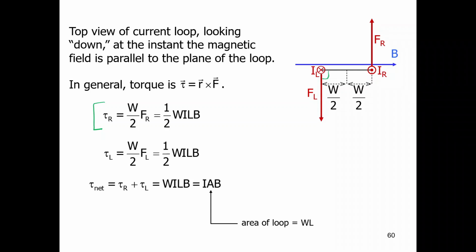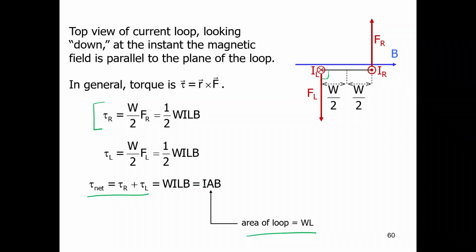So the torque on each section is going to be 1/2 WILB. Now, we defined the area of the loop to be based on length and width, so the L times W is just the area. And when you add those two together, the total net torque is going to be IAB.